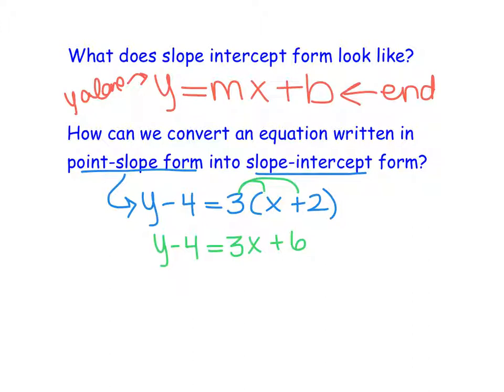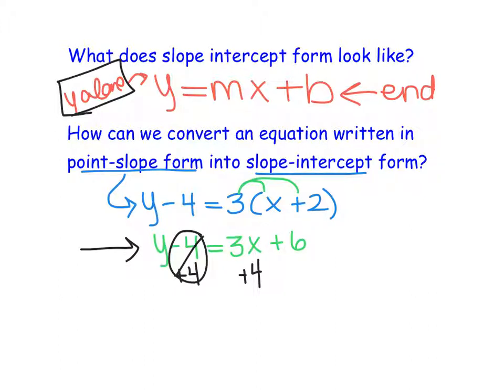Hopefully you're already thinking that in slope-intercept form, y is alone. Here, y is not currently alone. The way to get y alone is to add 4 to each side. As we do that, these undo each other, and we're left with y is equal to, the 4 is going to combine with the 6 because they are like terms, so we'll have 3x plus 10.